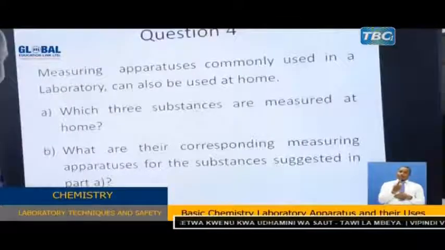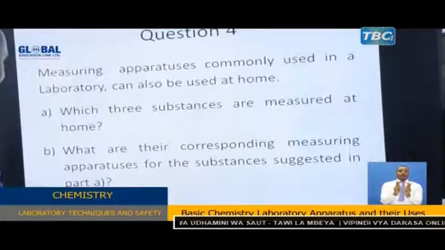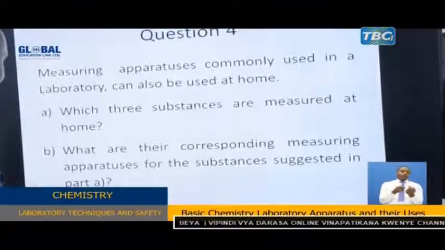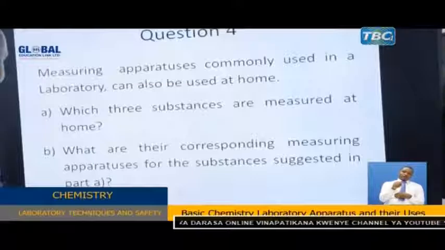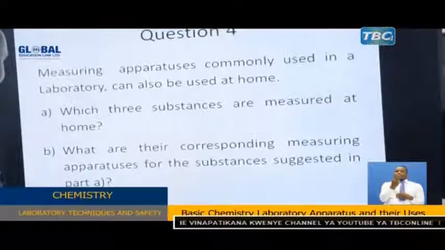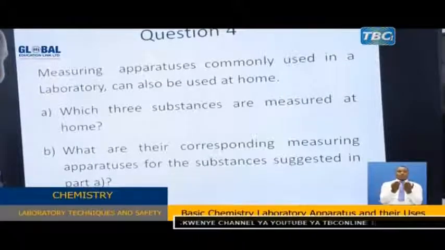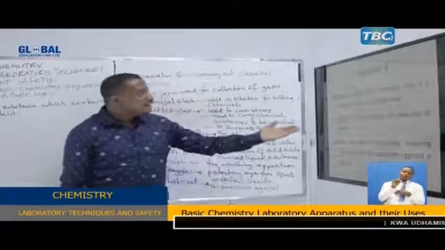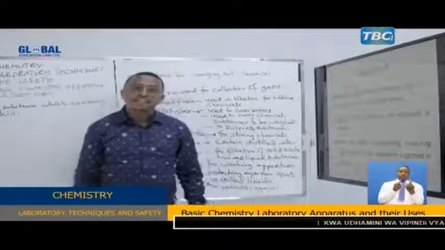Question number 4 says, measuring apparatuses commonly used in a laboratory can also be used at home. A. Which 3 substances are measured at home? B. What are the corresponding measuring apparatuses for the substances suggested in part A? That also has been discussed.